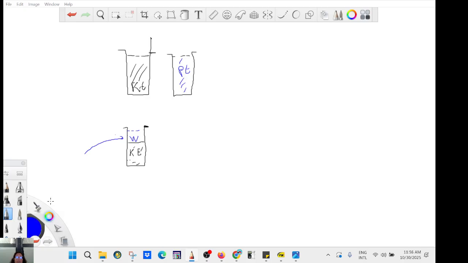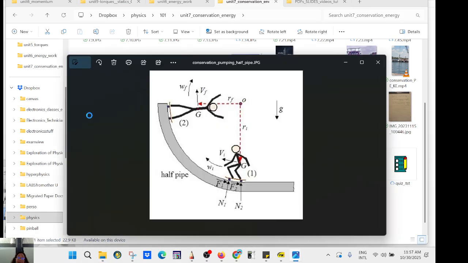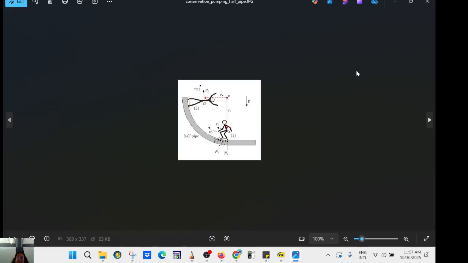Once you add energy to the system, some of it can go to potential energy, let's do that in red, and some of it can be kinetic energy. So this is non-conservative, okay? You have a system, you can add some work, so that will be before, and then that's going to be after.